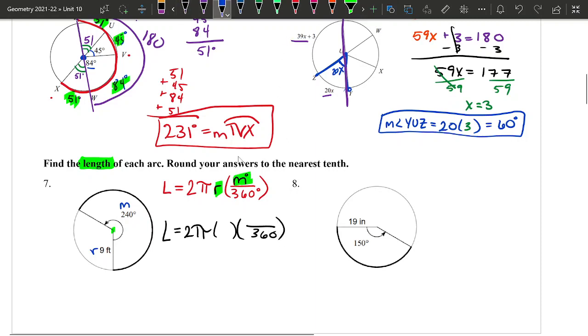And I plug in 240 degrees for the measure and 9 for the radius. And you can type it in the calculator just like that. So the arc length rounded to the nearest tenth is 37.7 feet. It's feet because the radius is in feet.